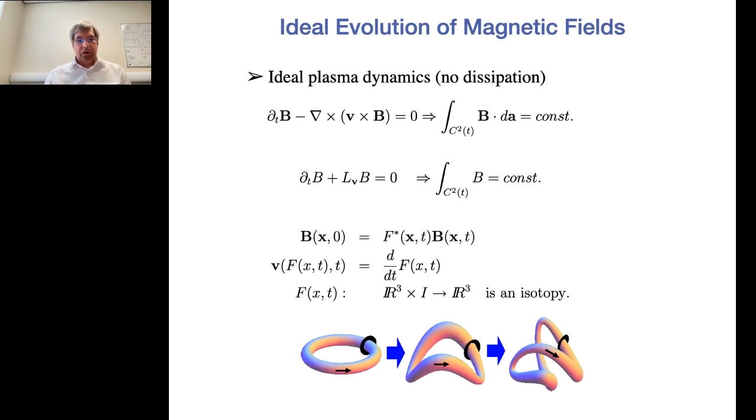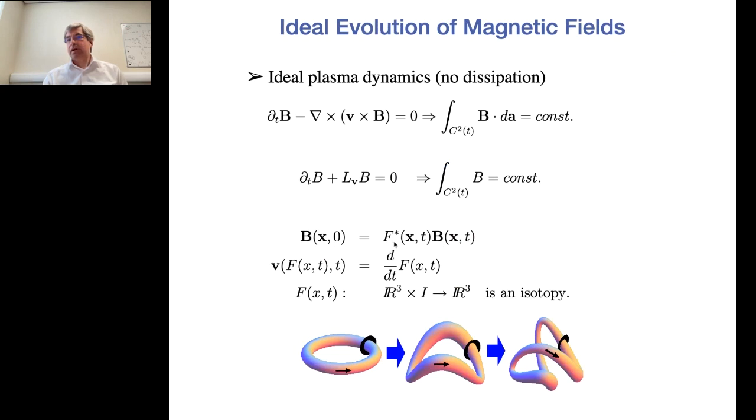Or if you write it in differential forms, you can see that this is the Lie derivative theorem for the magnetic field. So this means that the magnetic field at some later time t is related to the magnetic field at an earlier time via a mapping F.